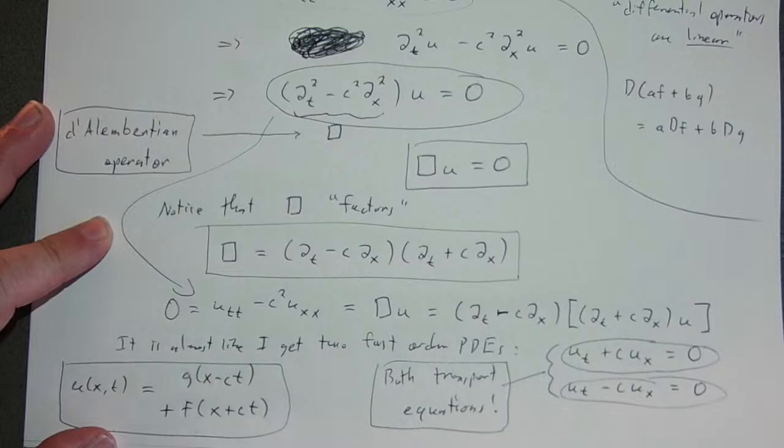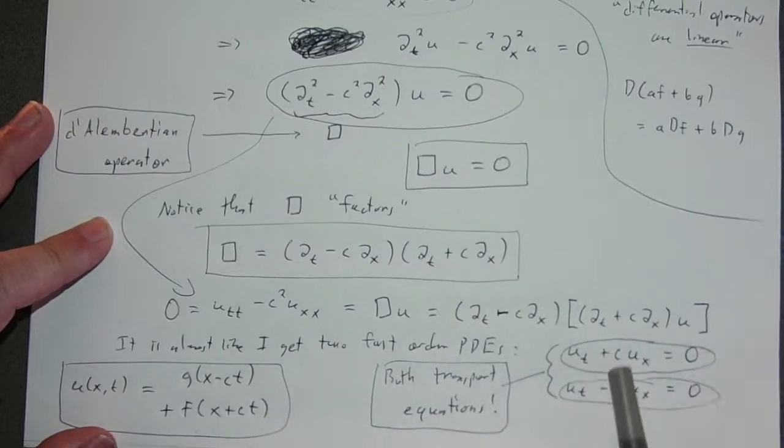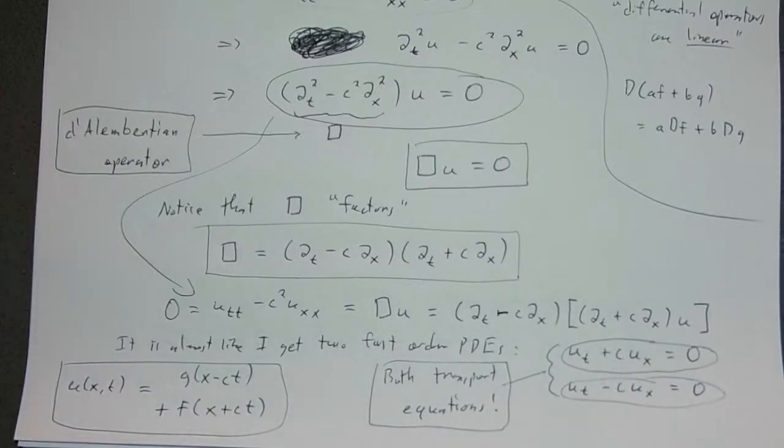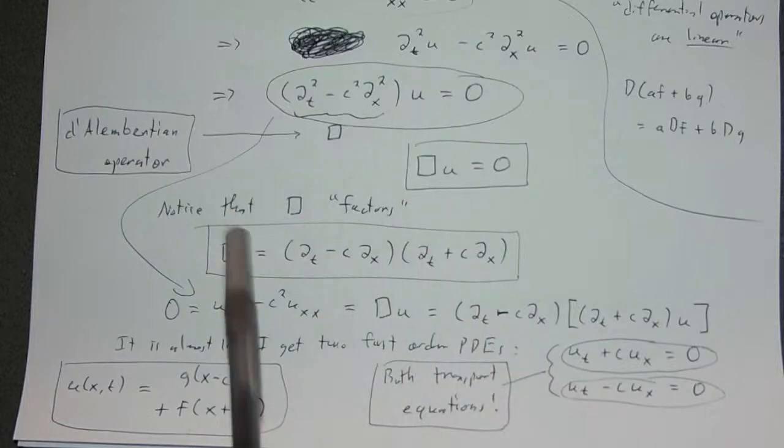This is the general solution to the other first order transport equation, where instead of my speed being c, my speed's minus c. And so this factoring of this operator has led me, my intuition tells me, to what the general solution to this equation should look like.